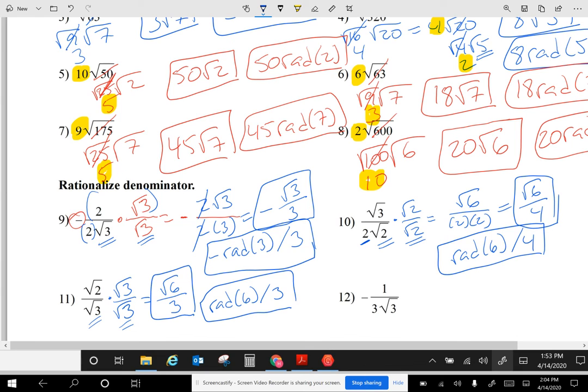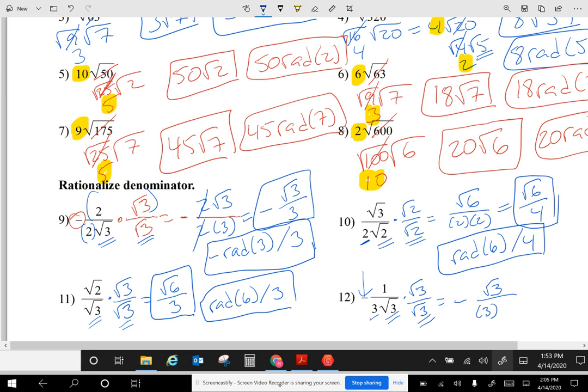Now in this case, number 12, let me multiply top and bottom by radical 3. I see I have a negative sign. Let's not forget about the negative. On the top, 1 times radical 3. I don't have to put the 1 in front of my radical. I'm just going to write radical 3. At the bottom, let's see, I have that 3 to begin with.